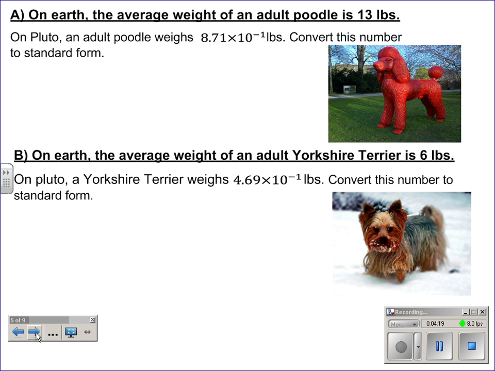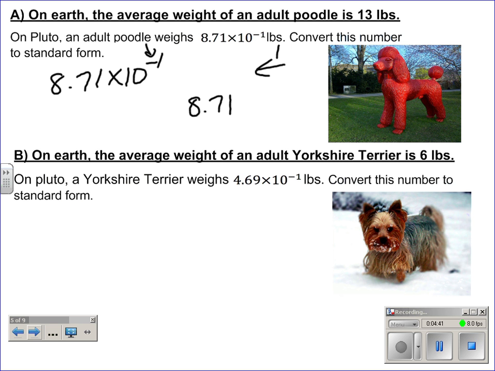Alright, time to talk about the dogs and how much they weigh on Pluto. So let's look at the poodle first. So we start with 8.71 times 10 to the negative first. We copy down the 8.71, that first part, and then we know that we're going to move the decimal to the left because of the negative symbol.